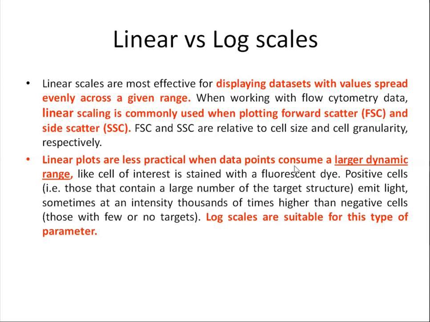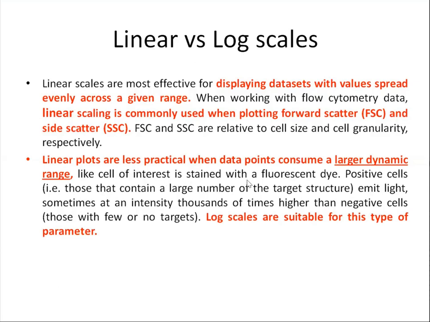CD19 is negative in all the populations except B lymphocytes, and the B lymphocytes will express bright CD19. So the dynamic range is very high, and you cannot show that particular marker in linear scale. If you show it in linear scale, one population will be there within that scale, and the other population will be out of the scale. You cannot even visualize that population. So that is why we use log scale for fluorescent parameters.